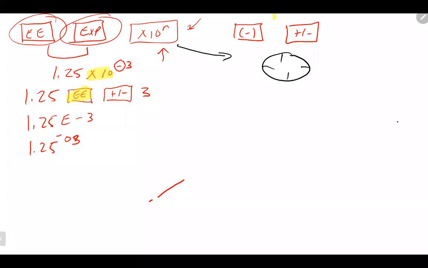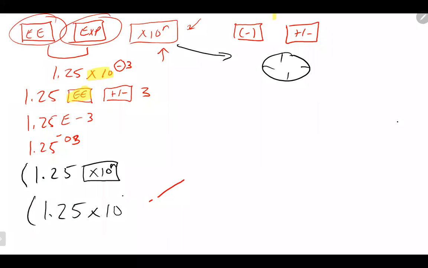So if you have something like that, usually what you need to do is open a parentheses first. You then need to hit 1.25. You then hit your times 10 to the n button. That will most likely put something like this on your calculator, and then you'll have your little cursor blinking right about there. You then would hit your negative button and 3.